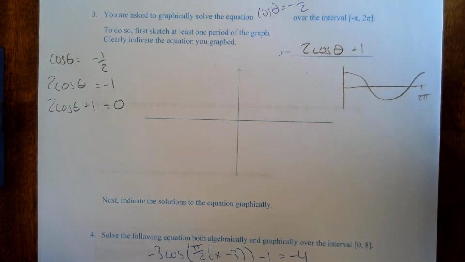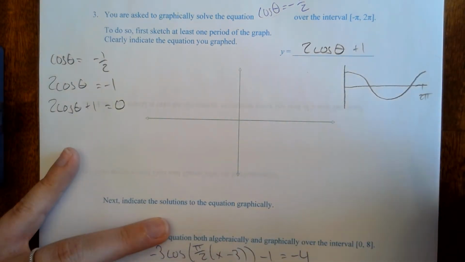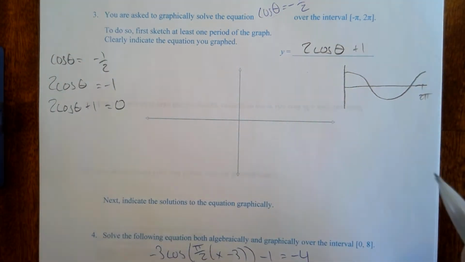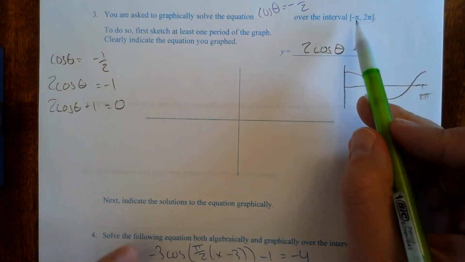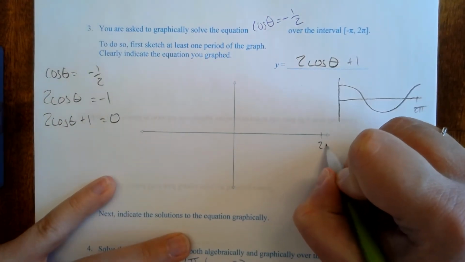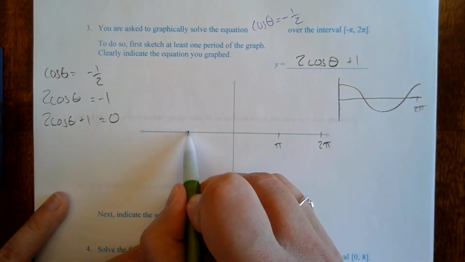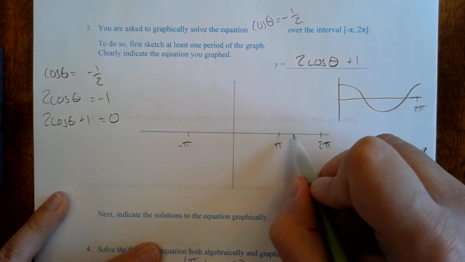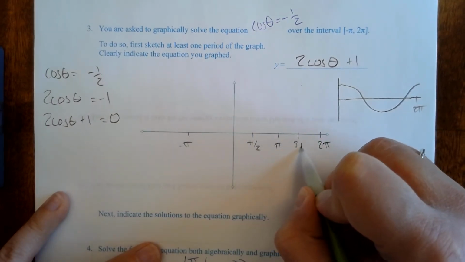Let's start off by labeling. My interval is negative pi to 2 pi, and I'm going to add some half pi's on there as well.